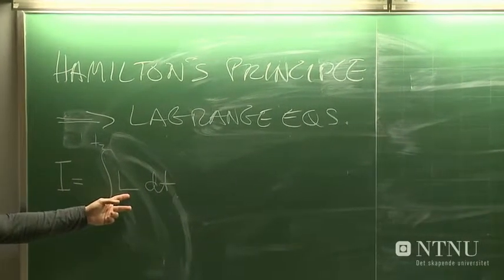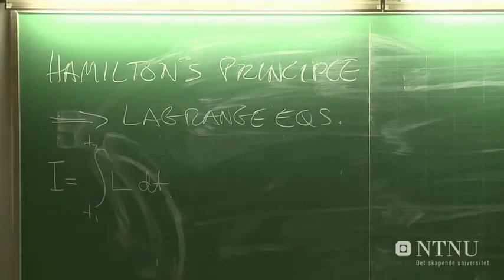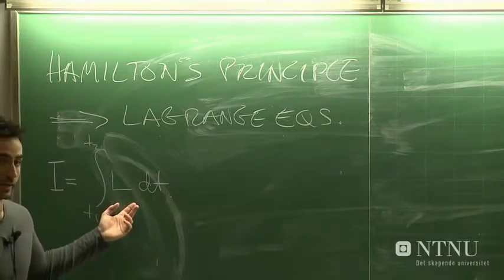This is the Lagrangian. And we saw that Hamilton's principle stated that the actual path that any system will take through configuration space, which was always spanned by the different generalized coordinate axes, would be such that this action should have an extremal value. And we saw that that would actually lead up to Lagrange's equations.